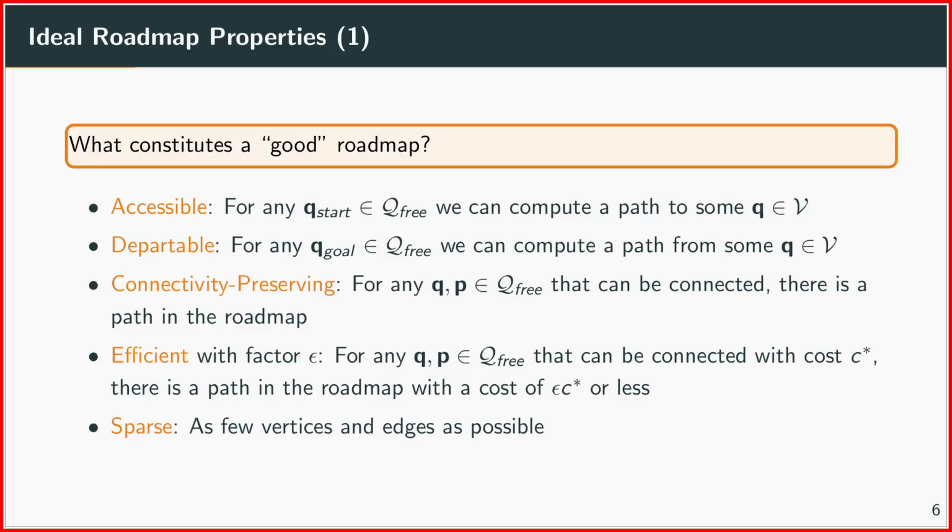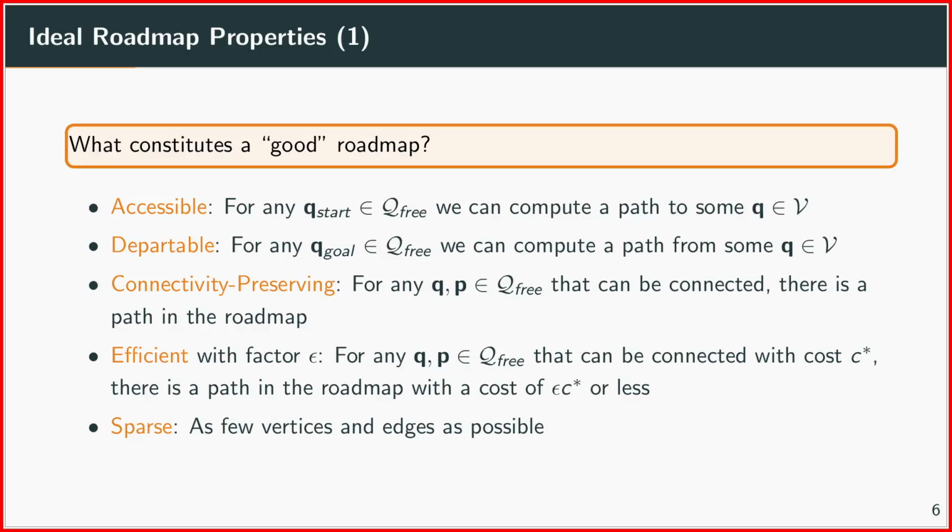And one important question is, of course, what constitutes a good roadmap? Of course, we don't want any roadmap. We want a roadmap which has certain properties so that we can actually use it for planning.